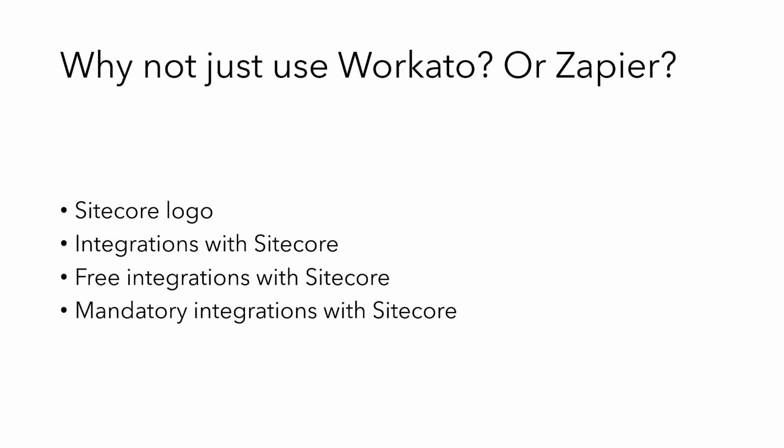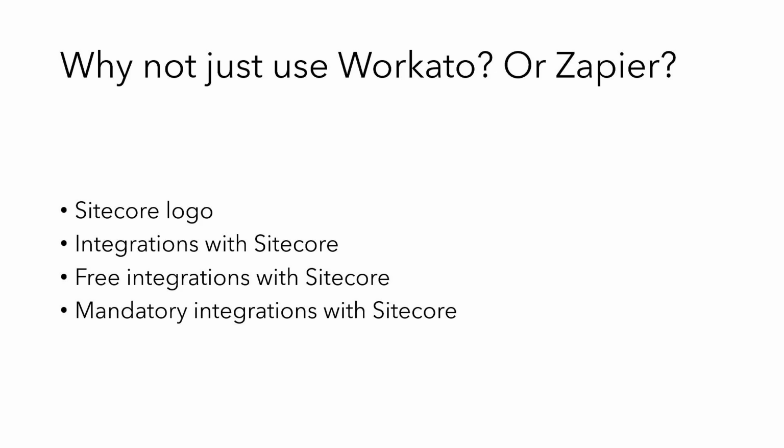Sitecore Connect already has integrations with the majority of the Sitecore cloud-based products. So XM Cloud, Send, Order Cloud. And what is more important, those connections with Sitecore Connect come for free. There's a somewhat complicated pricing model, which we'll get to when I show you Sitecore Connect.